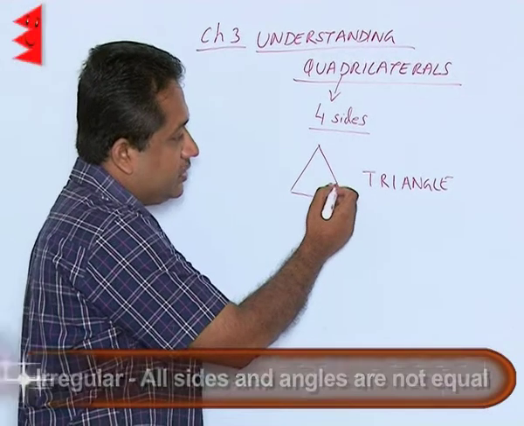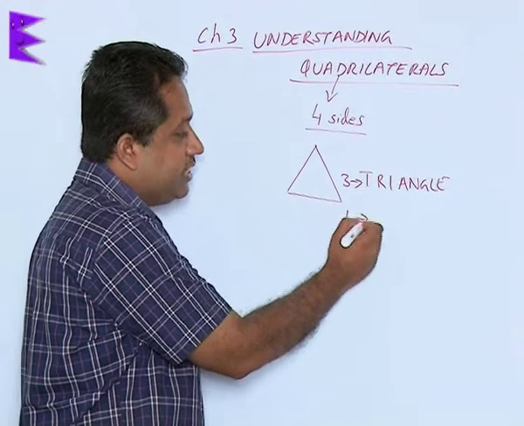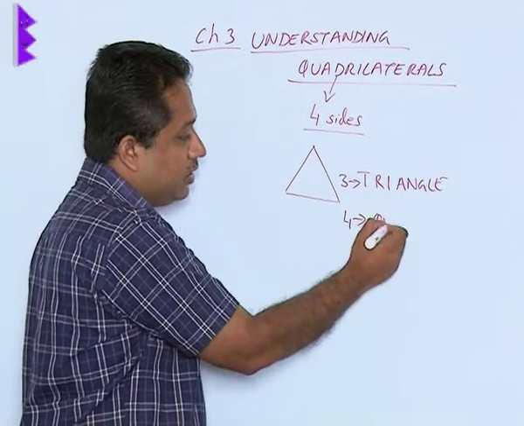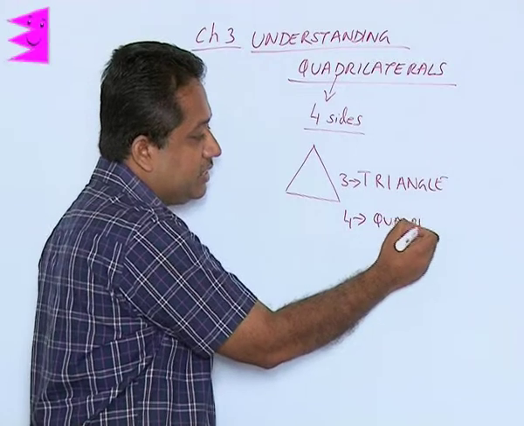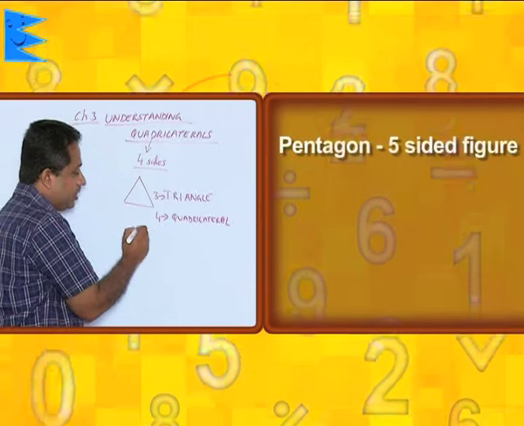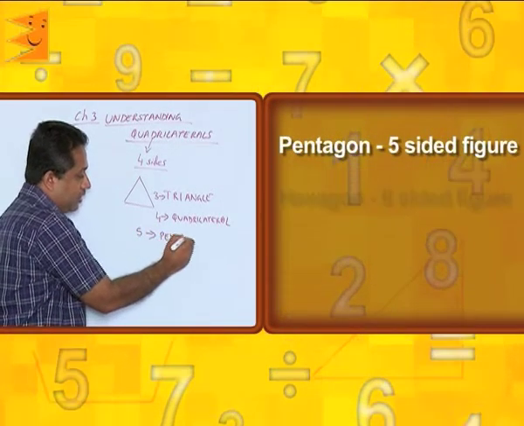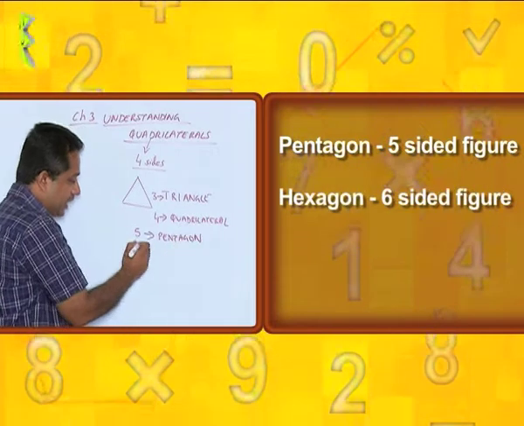So, here this is a triangle which has got 3 sides. Similarly, 4 sides is called a quadrilateral. This has got 4 sides. We have a 5-sided figure. The 5-sided figure is called a pentagon. A 6-sided figure is called hexagon.